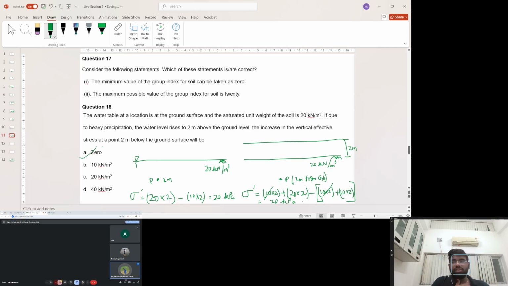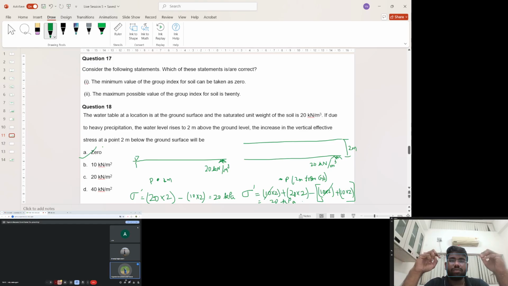Now this is also one of the important observations. The effective stress is independent of the water column above the ground level. That is free water column, not within the soil layers. Once it is above the soil layer, the effective stress is independent of the water level.